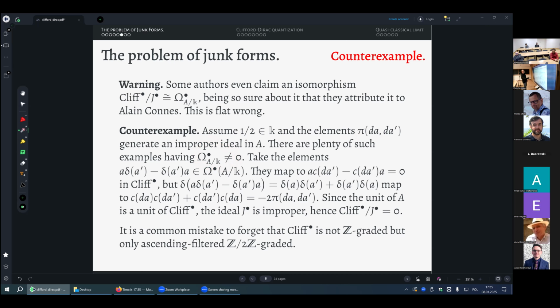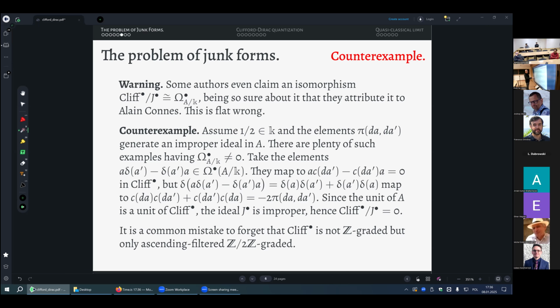Let's take such elements in this universal differential calculus and try to see the image under the map we're talking about. So what is the image? The image is the commutator between the element of the algebra and multiplication by the differential of this a prime, which is 0, of course, because functions form a central subalgebra in the Clifford algebra.